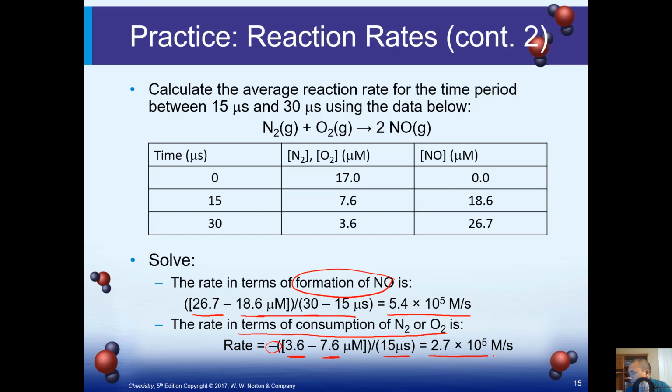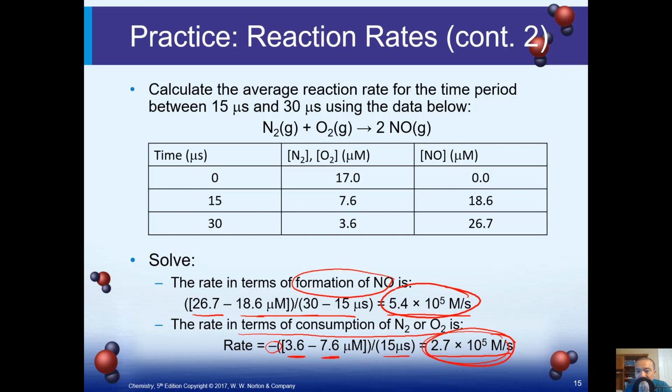In this calculation, we also find out the rate based on the consumption of nitrogen and oxygen. They are 2.7 times 10 raised to the 5th power molar per second. As you noticed, this rate is only half of that based on nitrogen monoxide formation.